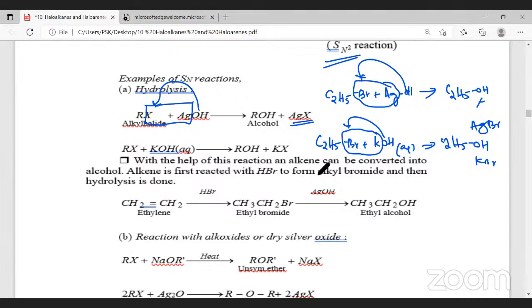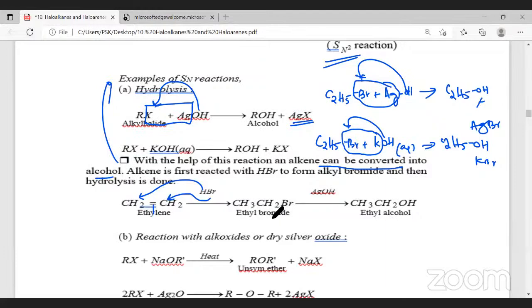With the help of this reaction, alkenes can be converted into alcohols. Alkenes can be converted into alcohol with the help of what reaction? The above reaction. What is it that we are doing? Now, alkene, ethylene or ethene, when it's allowed to react with hydrogen bromide, hydrogen attacks this carbon, bromine attacks this carbon, therefore one of the pi bonds will break.